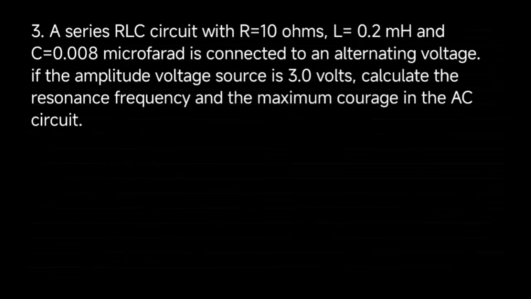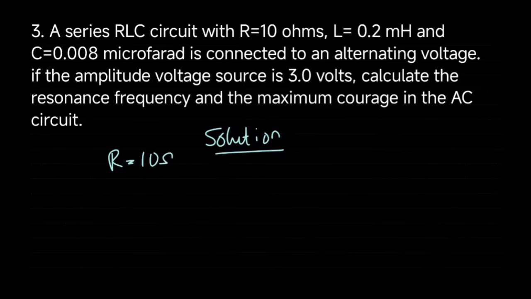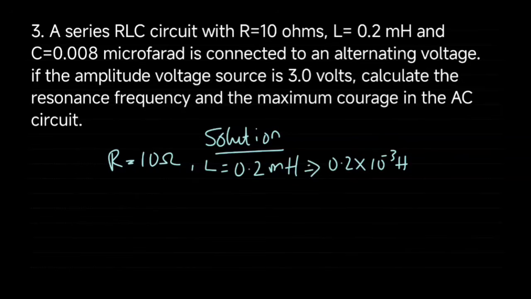Now let's look at question number 3. A series RLC circuit with my R equal to 10 ohms, my L equal to 0.2 millihenry, which is approximately 0.2 times 10 raised to the power of minus 3 henry, and my C, which is the capacitor, equal to 0.008 times 10 raised to the power of minus 6, that's microfarad, is connected to an alternating voltage.